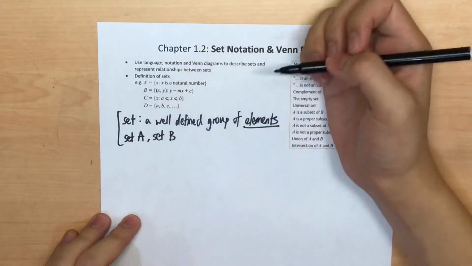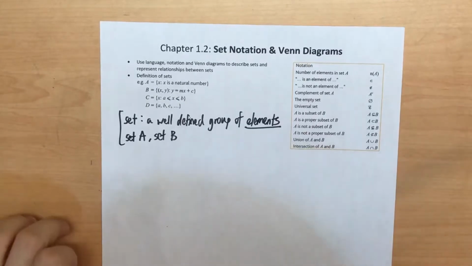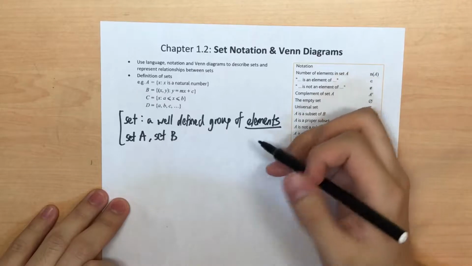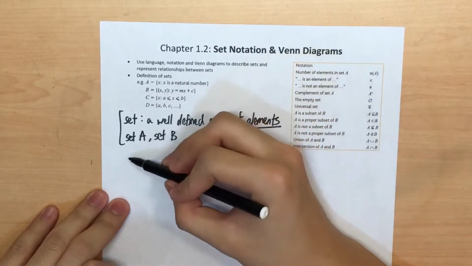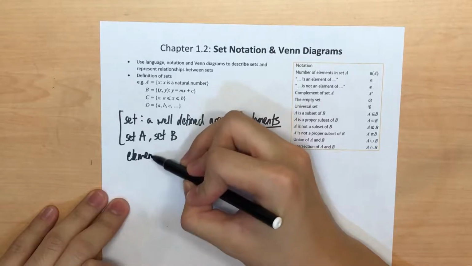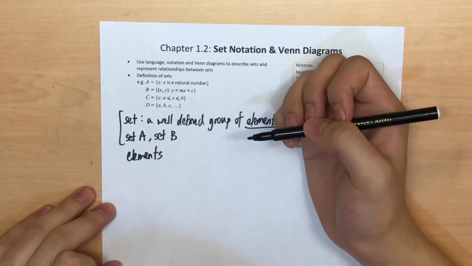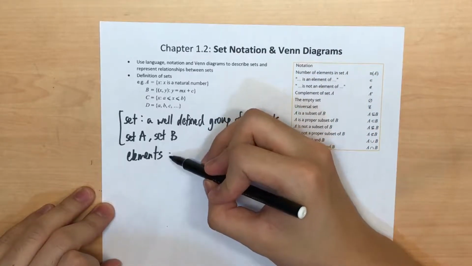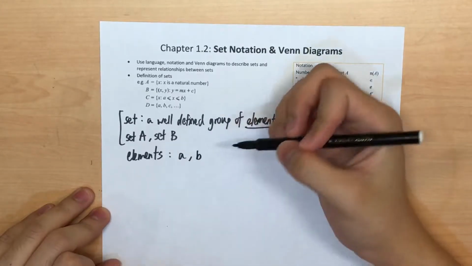Okay. So let's say inside it has elements. The objects inside the set are called elements. For elements, we write as small letters. For example, for element called a, we write a, small letter. For b, we write b.